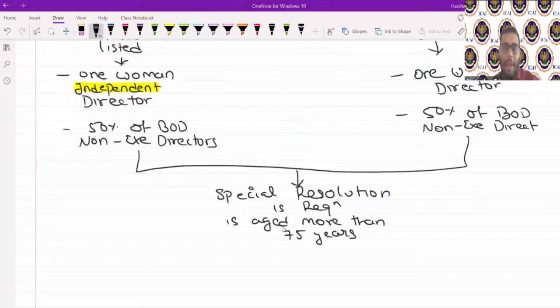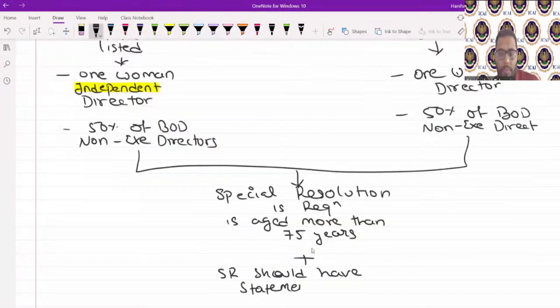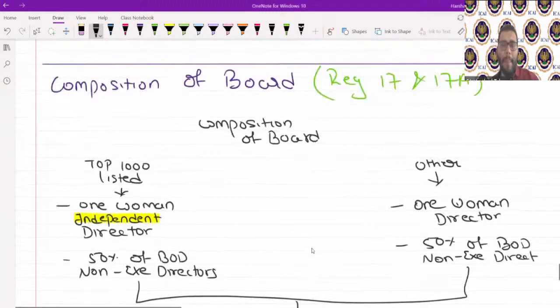Plus, this special resolution should have a statement and justification for the appointment of such person as a non-executive director. So this is the composition of board.